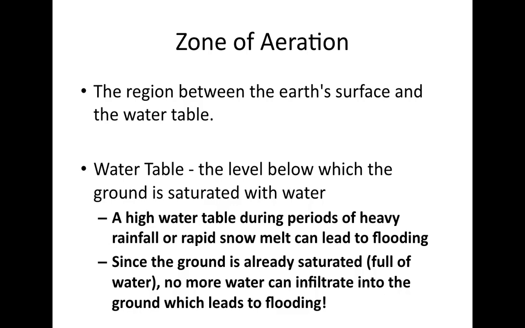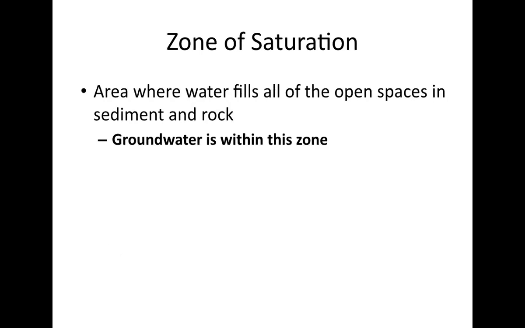So this leads to things like flooding. We had said that when the ground is saturated, it can also lead to things like runoff, okay? But when it is majorly saturated, it will lead to things like flooding.